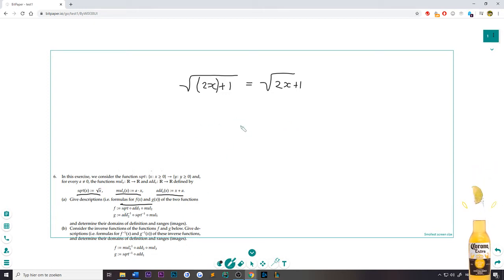For the second one, you start off with an x. You multiply by 5. Then you take the inverse of the square root, which is the same as squaring. And then you add 2 inverse, so minus 2. I'm going to double check if that's the correct answer, but I think it is.